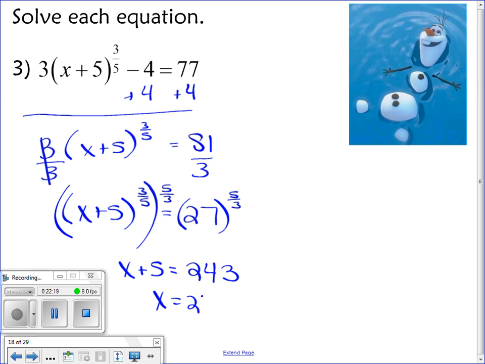So x equals 238. The denominator, 3, is an odd number. Yep. And again, that plus minus then would go on the 243. Then you'd have 2 answers down here. Yeah, don't just throw it on your answer.